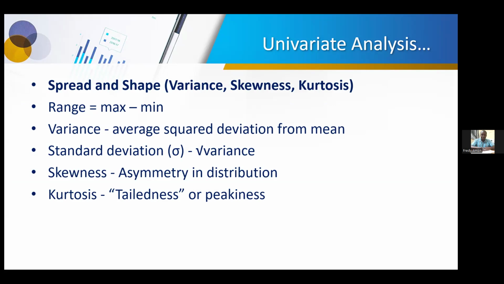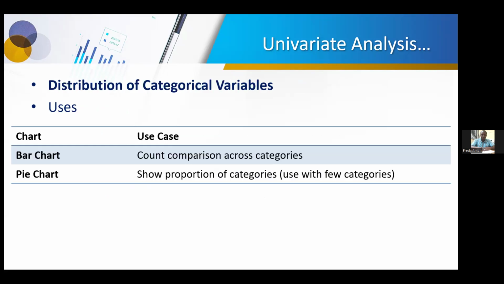Skewness means there will be an asymmetric distribution. Kurtosis is about peakiness, or tailedness, if you draw a chart. I don't know how to explain it well, but kurtosis means peakiness.